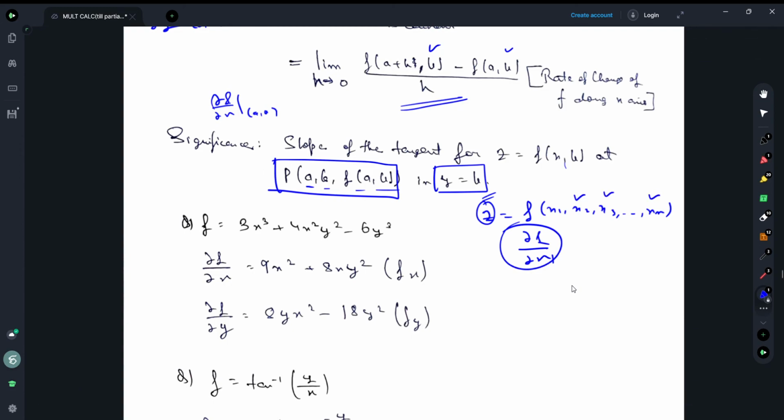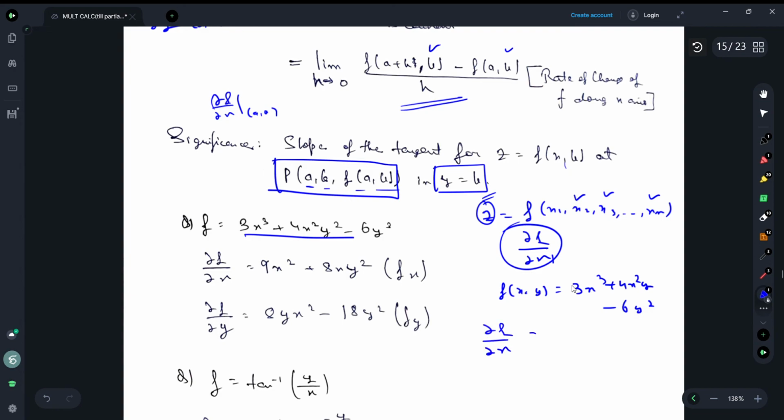Clear? For example, if you're given this function, f of (x, y) equals 3x cube plus 4x square y minus 6y square, what is the value of del f over del x? Now, differentiation of 3x cube with respect to x is 3 times 3 x to the power 3 minus 1, that is x square.